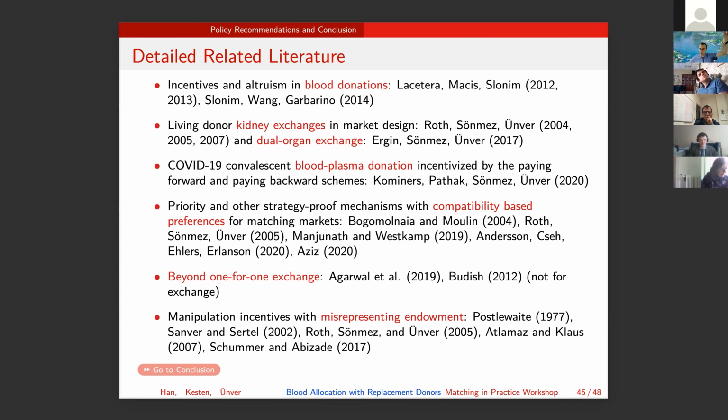So we had a paper in 2007, Agarwal et al., five co-authors. I think maybe Itai was in the audience the other day. They talk about beyond 1-for-1 exchange. What can you do?